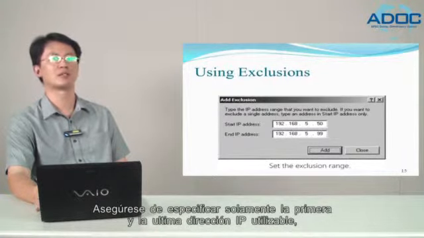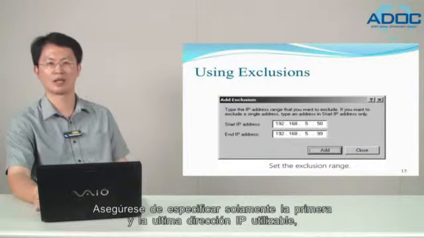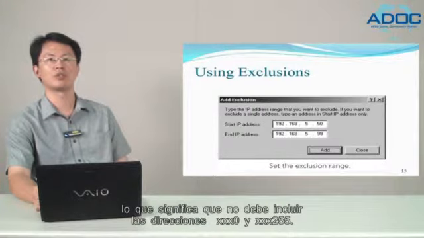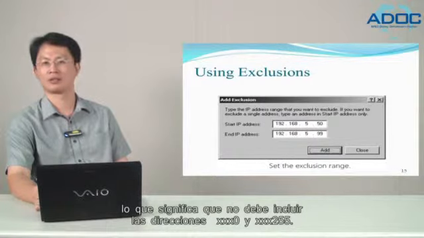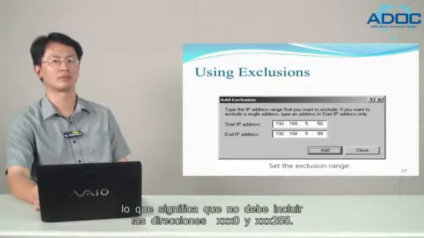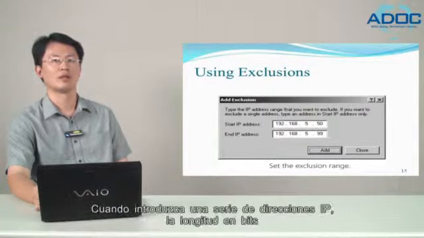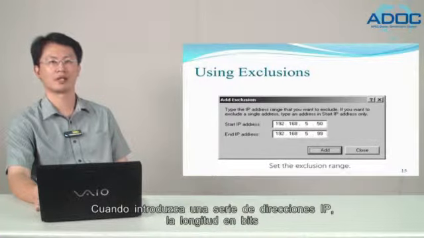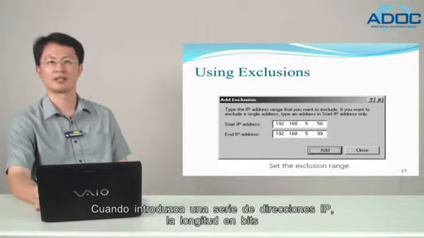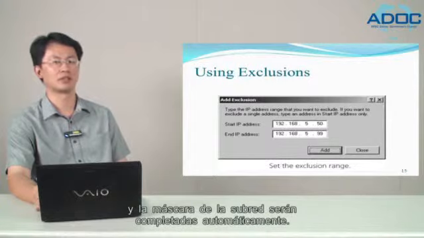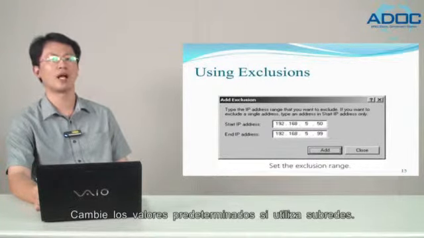Be sure to specify the first and last usable IP address only, which means you shouldn't include the .0 and .255 addresses. When you enter an IP address range, the bit length and the subnet mask are filled in automatically for you. Change the default values if you use subnets.